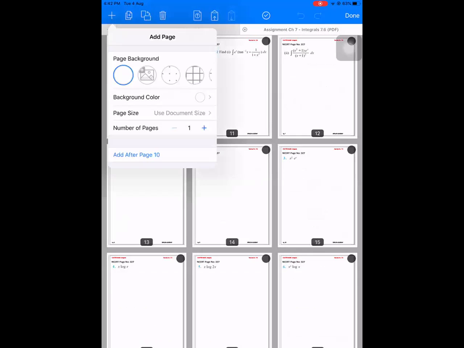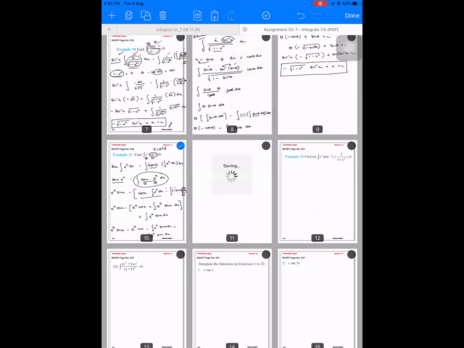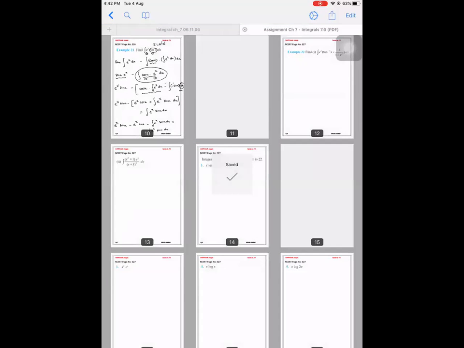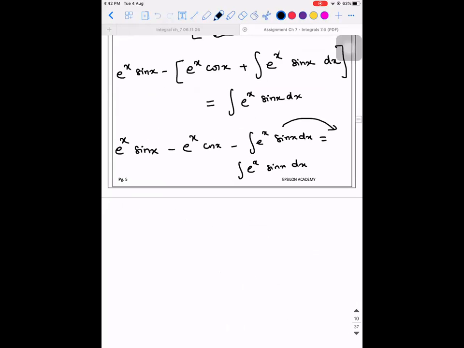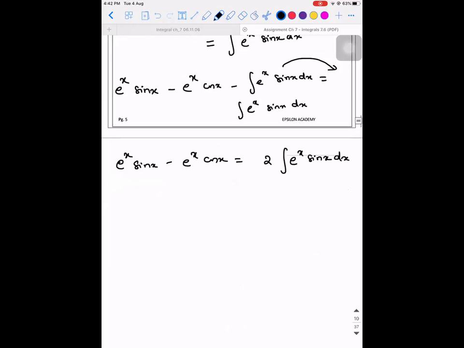So what you're supposed to do is take this to the other side. Then what will you be left with? E power x sin x minus e power x cos x is equal to 2 times integral of e power x sin x dx. So what will be the answer? Integral of e power x sin x dx, which is nothing but the question, is equal to e power x into sin x minus cos x, the whole divided by 2, plus c.